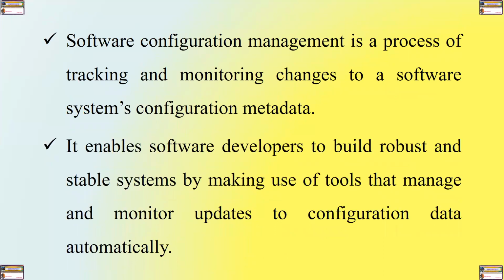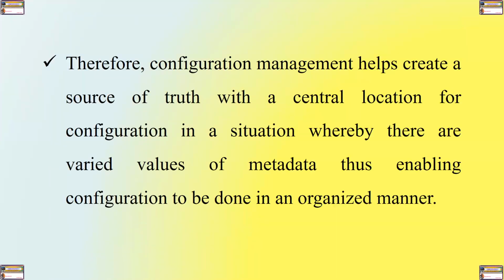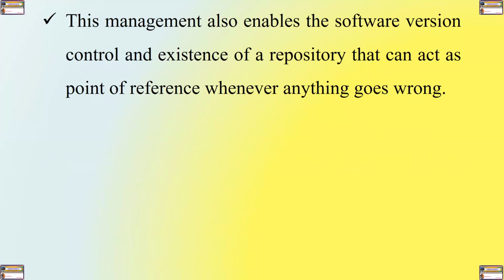It enables software developers to build robust and stable systems by making use of tools that manage and monitor updates to configuration data automatically. Therefore, configuration management helps create a source of truth with a central location for configuration in a situation whereby there are valid values of metadata, thus enabling configuration to be done in an organized manner.